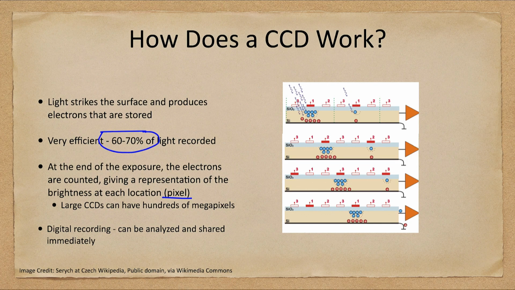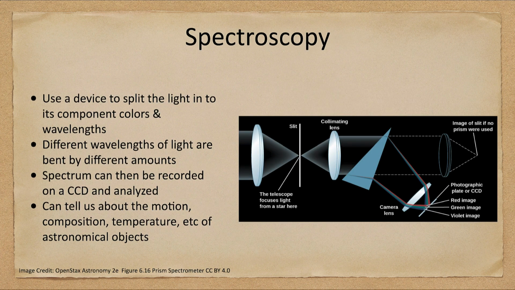Now the other thing that can be used here is the spectrum. We talked about spectra in a previous lecture, and we can use a device to split the light into its component colors. So here we have the telescope, we send the light through a slit, then through a prism and through the lens, and then we get an image.